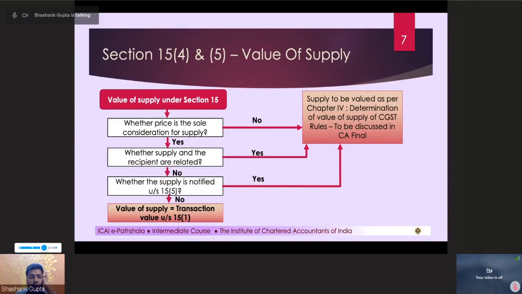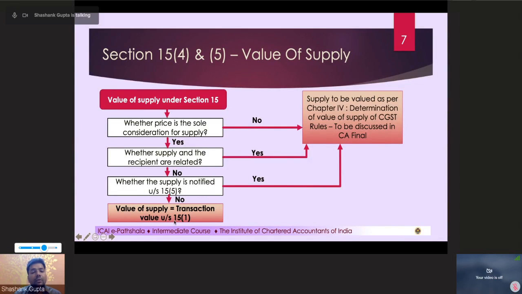Now, a flowchart, how to arrive at the transaction value under GST. So it says, whether price is the sole consideration for the supply? Yes. Then you can move on to the next step. Whether supply and the recipient are related? No. Then you can move on to the next step. Whether the supply is notified under section 15 subsection 5, what is this? This we'll just discuss.